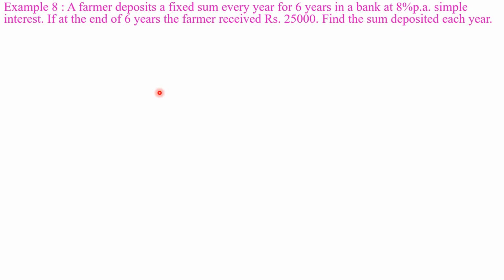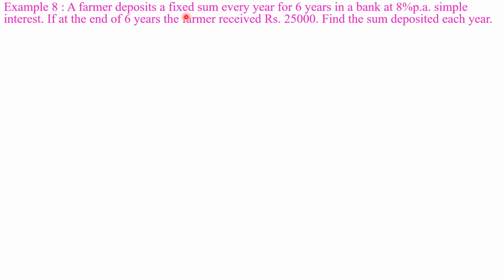Okay. Example number 8. A farmer deposits a fixed sum every year for 6 years in a bank at 8% per annum simple interest. If at the end of 6 years the farmer received rupees 25,000, find the sum deposited each year. Okay, I repeat this example again.